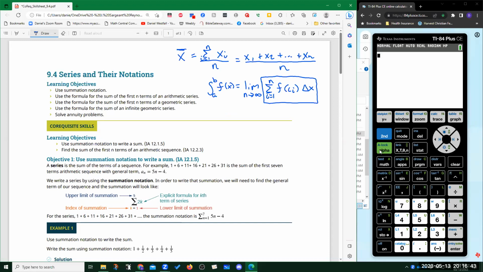In Calculus 2, there will be a whole section on infinite series, which this is an infinite series right here, but you'll learn a whole lot of rules for convergence and divergence of infinite series, and you need to understand how to read them and how to figure out if a series is finite, has a finite number of terms, or infinite.